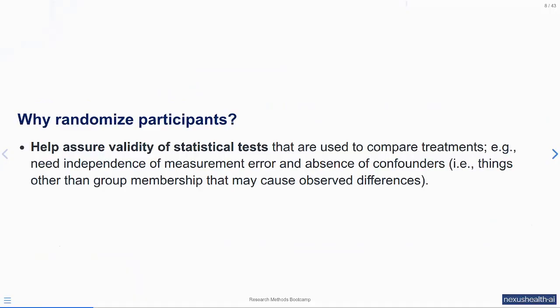Randomization also helps to assure the validity of statistical tests that we use. It does this by ensuring that the confounders are absent or balanced across the groups, and also ensures that there is independence of the groups that are being compared.